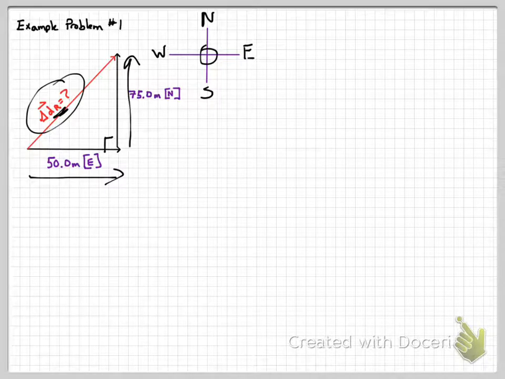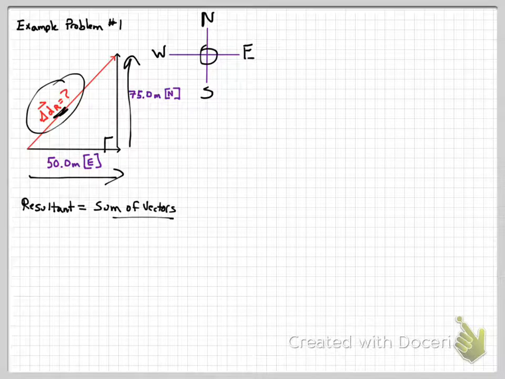So resultant is looking at the sum of vectors. Now that makes sense because we're really looking at two different directions. We're looking at the sum of those two different directions. Where did they end up? Vectors are always related to direction: magnitude and direction.